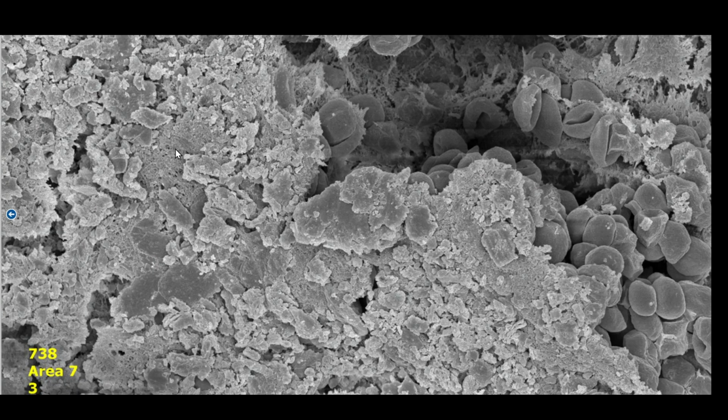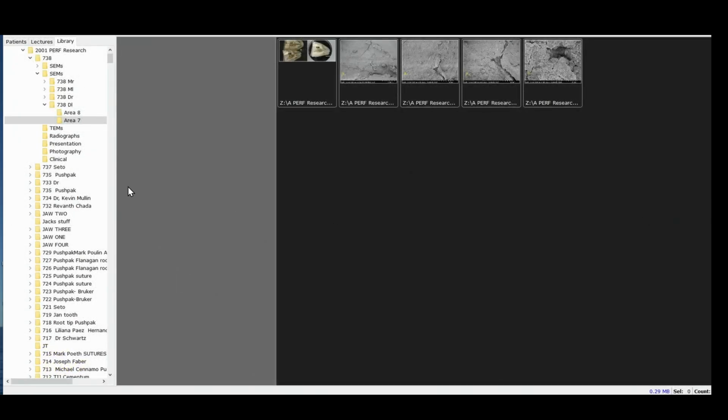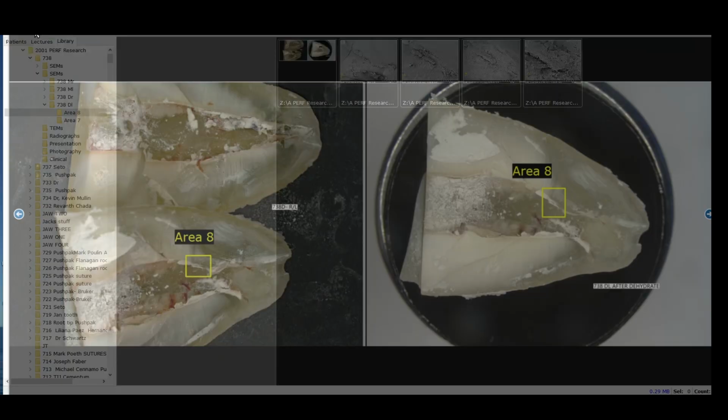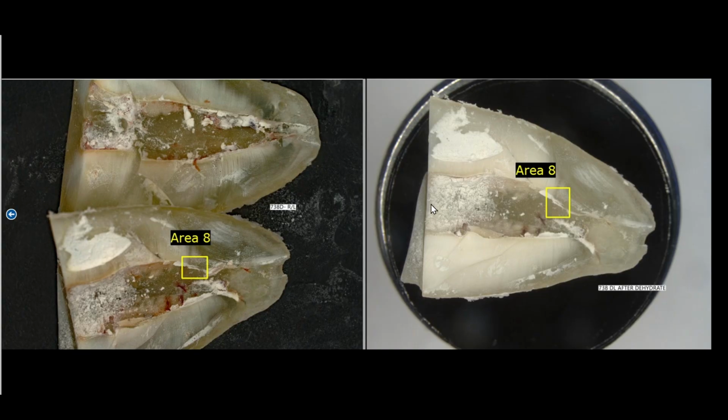So here you can see some demineralization of the predentin and a lot of red blood cells. So looking at an area along the side wall where you see this white material is dehydrated pulpal tissue.